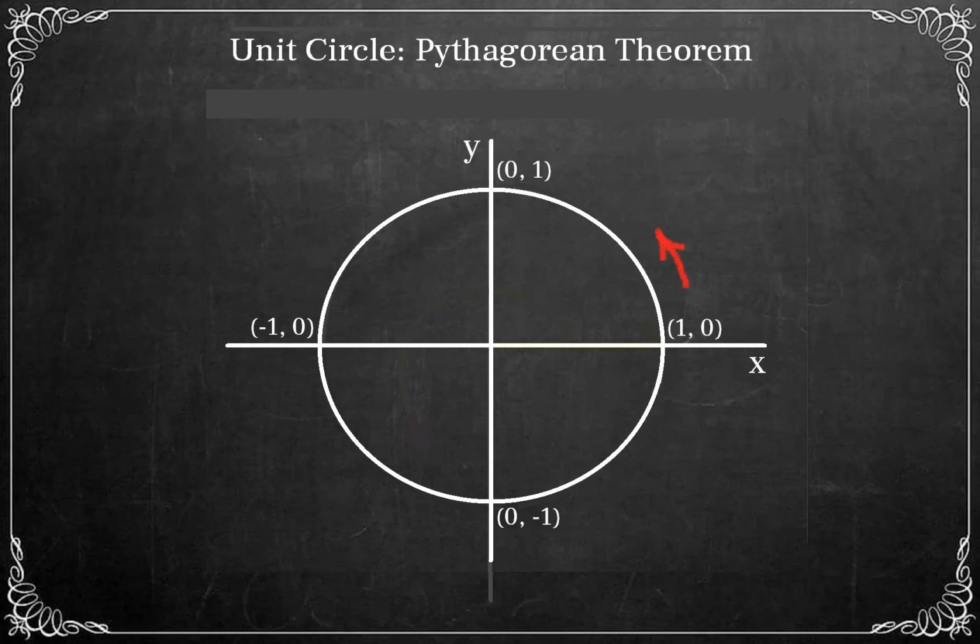Voila! The unit circle. Going counterclockwise in the red, we have points A equals 1, B equals 0. Then all the rest of the pairs: 0, 1, negative 1, 0, then 0, negative 1, finally back to where we started.